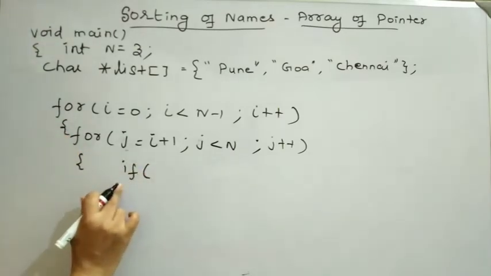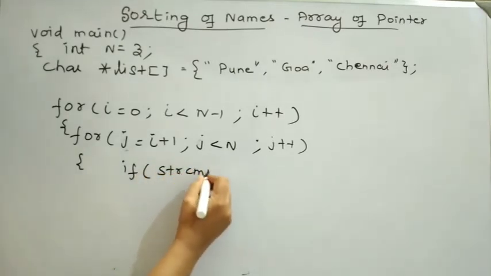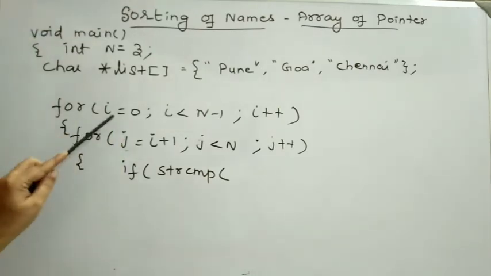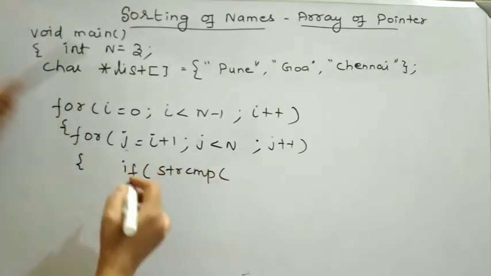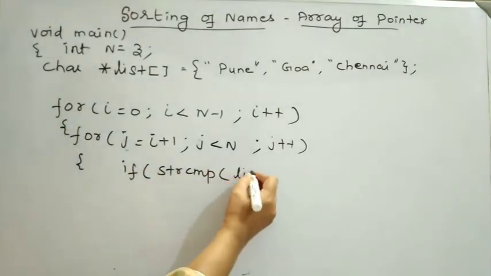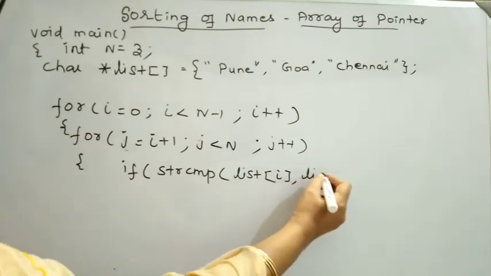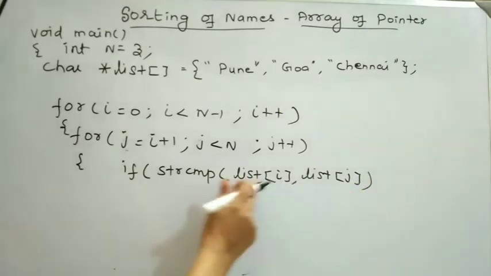Inside the if, I am giving the string compare inbuilt function. What is to be compared? The string value in the 0th index position of this pointer array. How do we compare list of i with list of j? What are list of i and list of j?